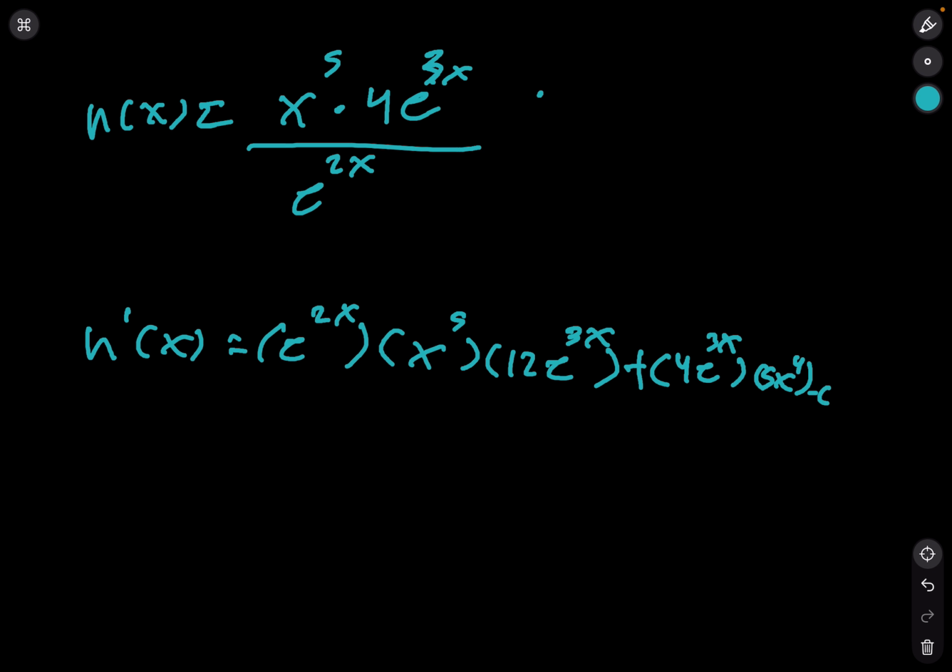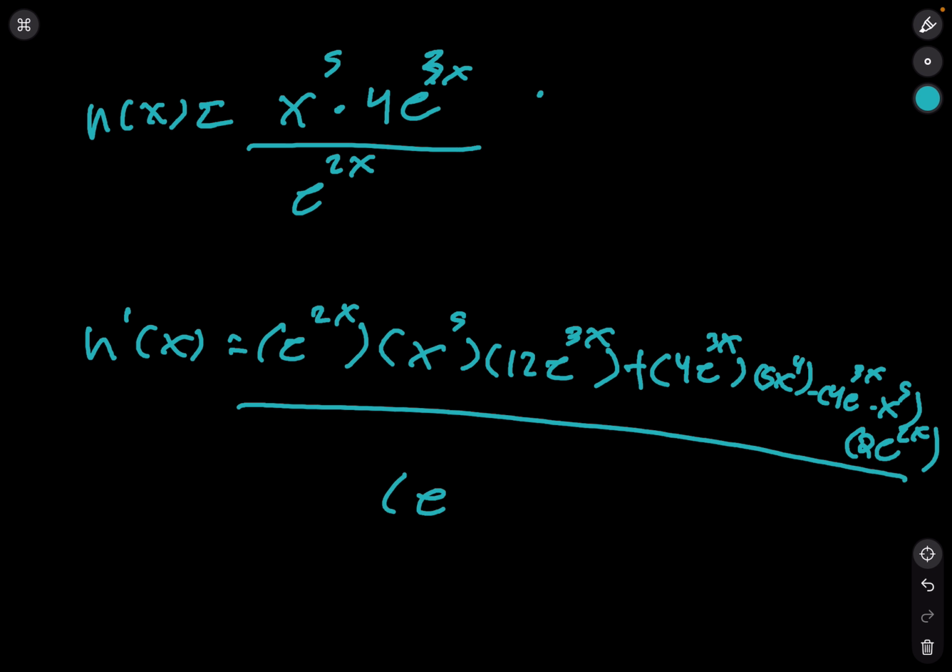So I'm gonna write it really, really slow. 4e to the 3x times x to the 5th times the derivative of the bottom function, which is 2e to the 2x, all over e to the 2x squared. And that is your derivative.